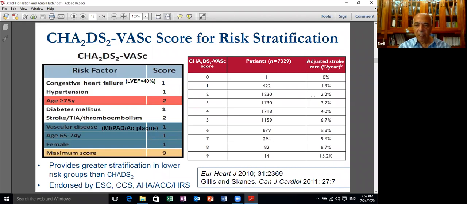One important point which I find somewhat confusing for many people is that we calculate one scoring point for females, provided that they have other risk factors. So if you have a 35-year-old female without other risk factors, then it is scored 0. But if you have an elderly female associated with other risk factors, then you calculate it 1. So there are some caveats in interpreting this.